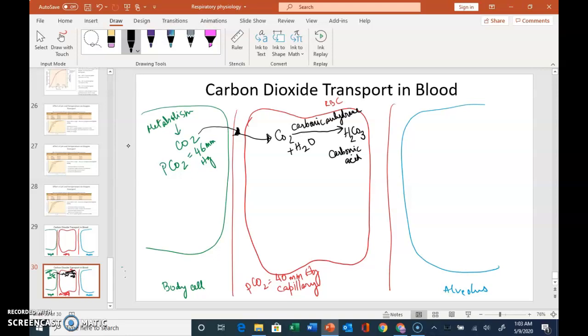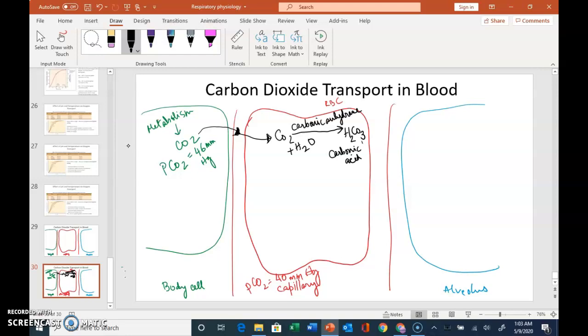So, carbon dioxide enters plasma first. From plasma, it diffuses into the RBC. Inside the RBC, carbon dioxide combines with water, and there is an enzyme called carbonic anhydrase, which helps carbon dioxide and water to form carbonic acid.